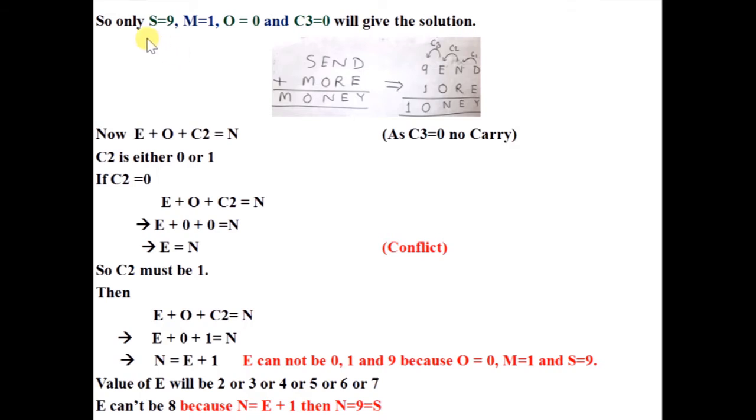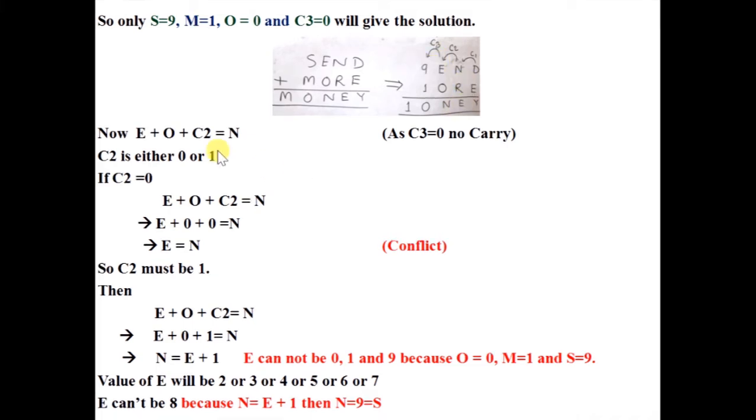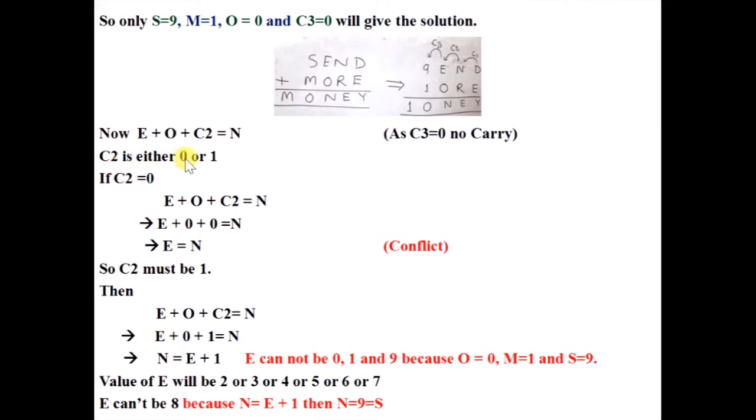We have got another constraint, S equals 9. Now our problem looks like this. Now E plus O equals N because C3 equals 0. It means E plus O plus C2 equals N. Again C2 is either 0 or 1. If C2 is 0, which implies E equals N, it is a conflict.